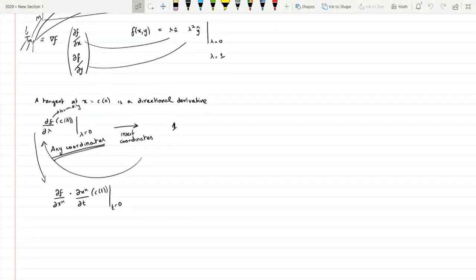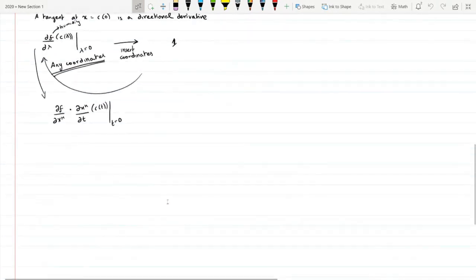So it's almost like, I think it's called the chain rule. But this is what we've done. We've inserted our coordinates here. Okay, and once we do this, I wanted to show you that there's a particularly interesting way of writing down what this equation really is.